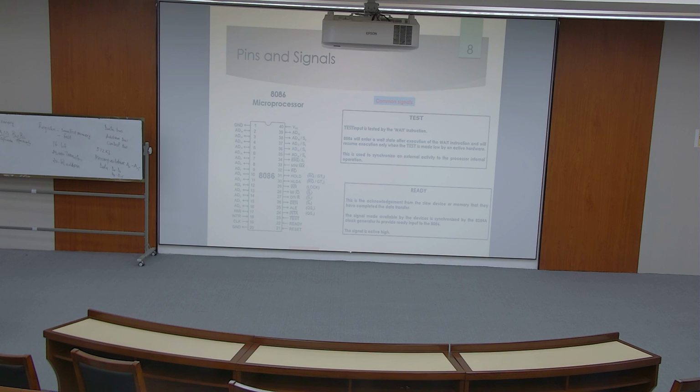Now, this pin is used to send an acknowledge from the slow device. As you know, the data transfer rate is slower compared to the speed of the microprocessor. That means the memory, for example, has to use this pin to send an acknowledge to the microprocessor to indicate that it has completed its data transfer.